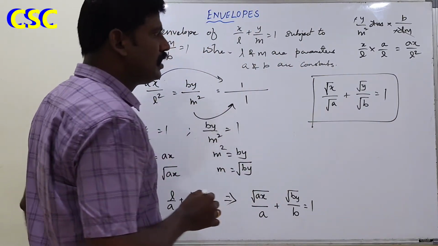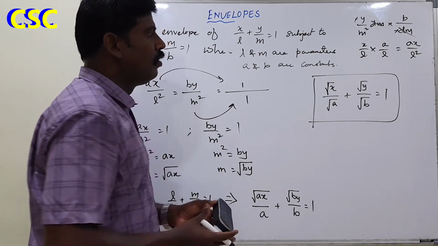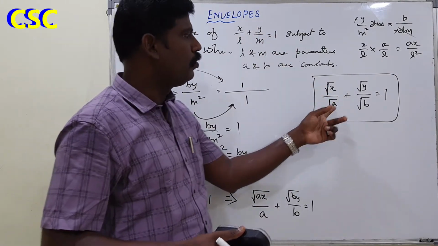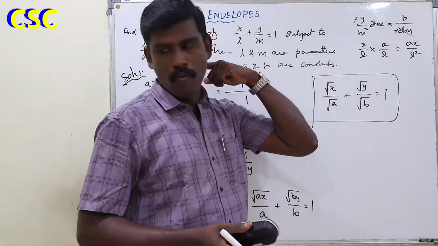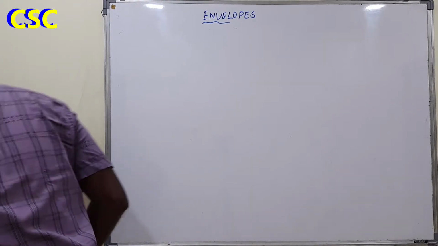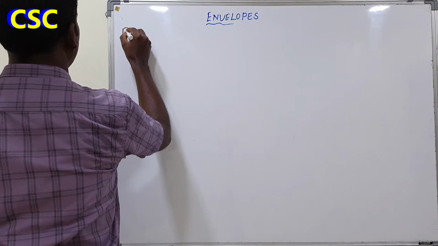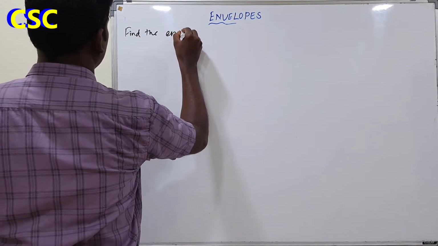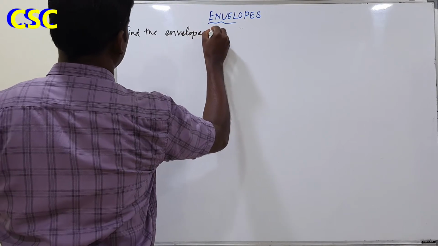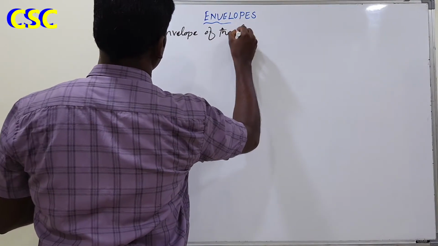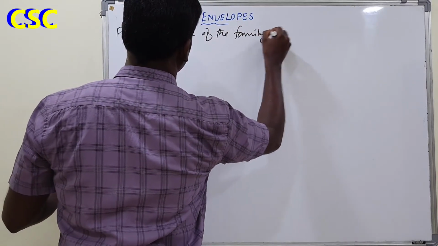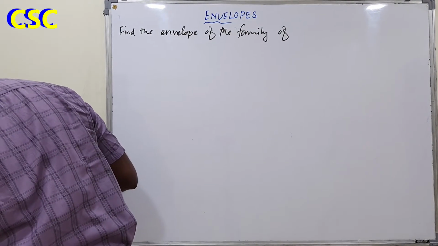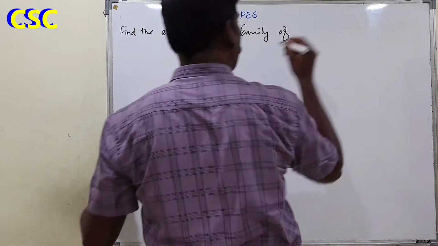So this is the envelope of the given family of curves x by root a plus y by root b equal to 1. Next point, find the envelope of the family of y equal to x tan alpha plus 2 secant alpha.